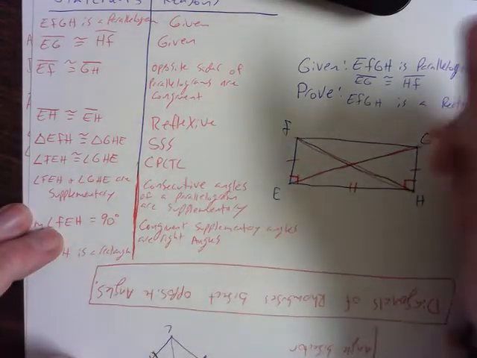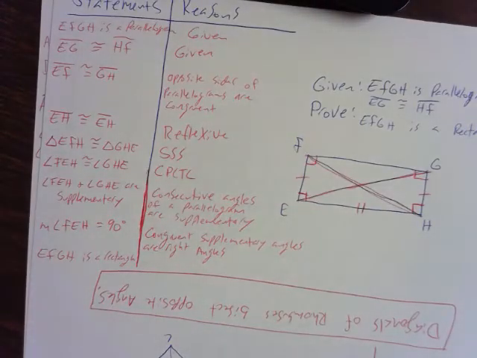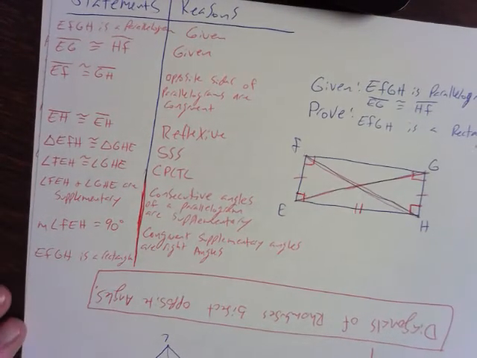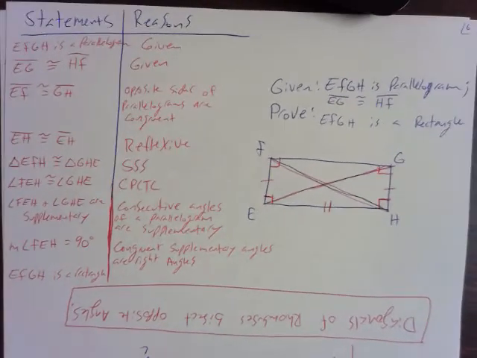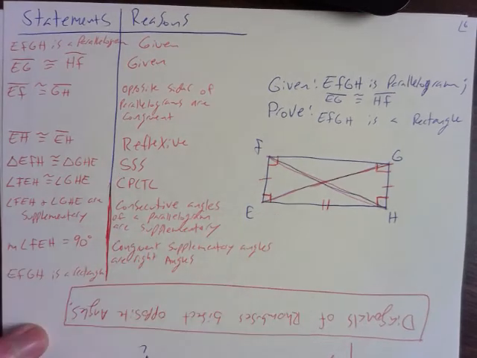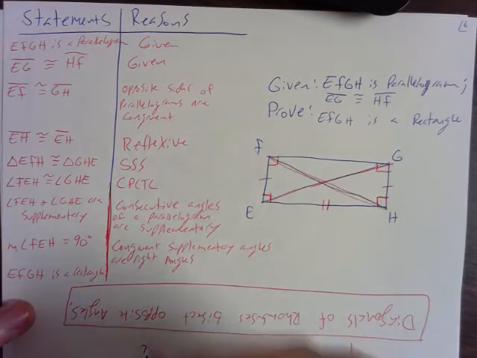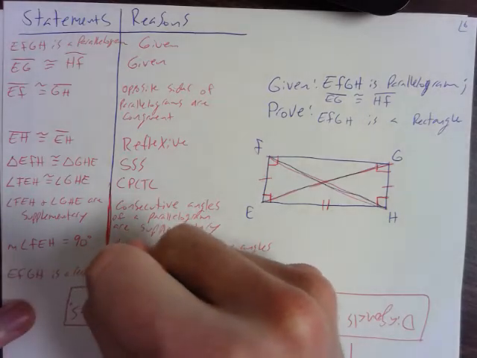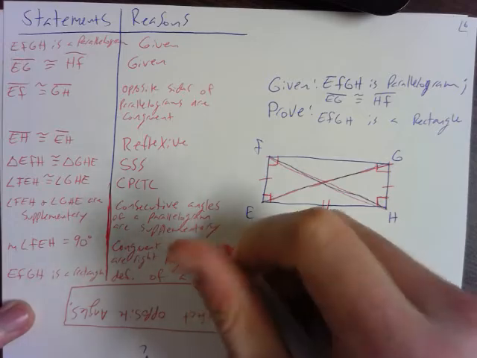And if I keep going around, that means that this has to be 90, that has to be 90. If one of them is 90, then they're all going to be 90. Okay, and remember the definition of a rectangle is that it's a parallelogram with 90-degree angles. So since one of them is a 90-degree angle, it is a parallelogram. It's a rectangle because of the definition of a rectangle.